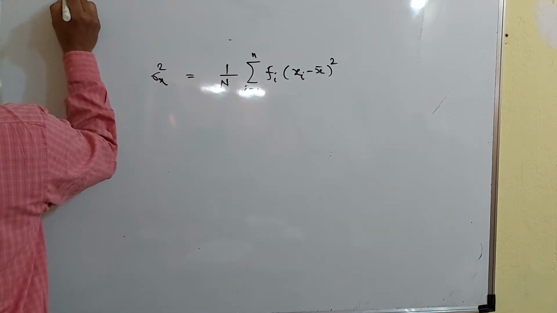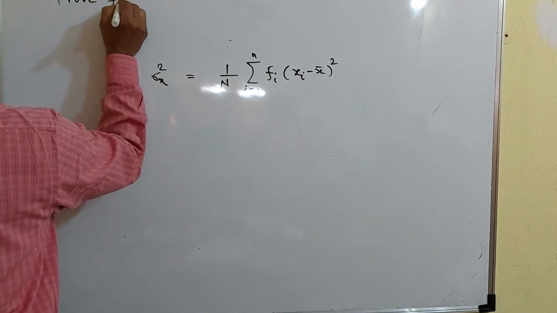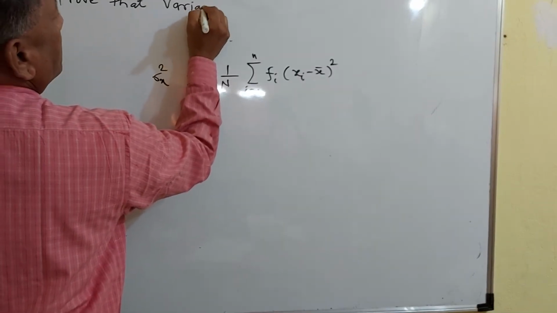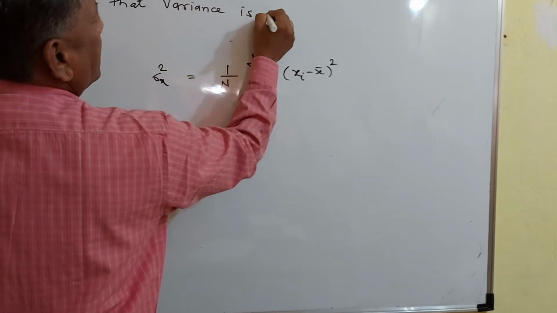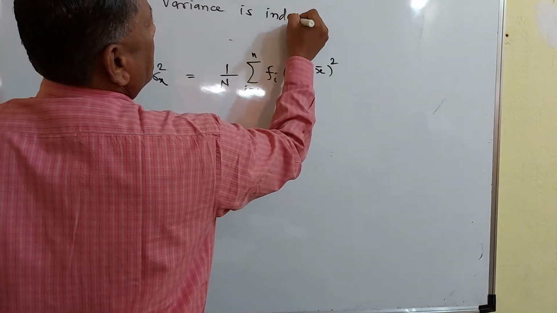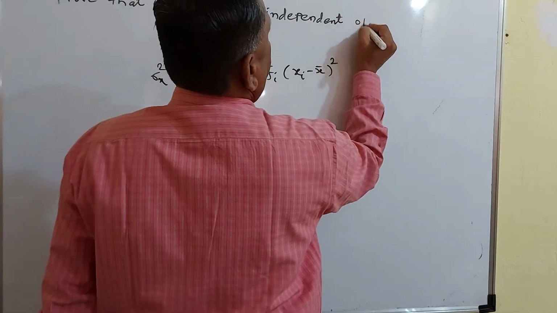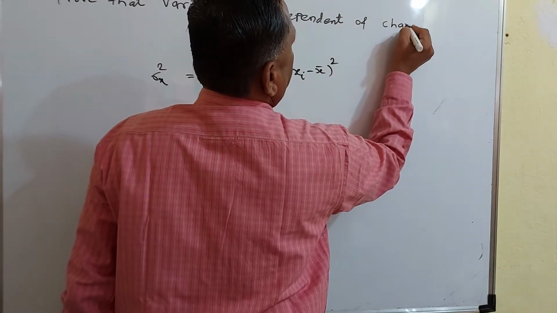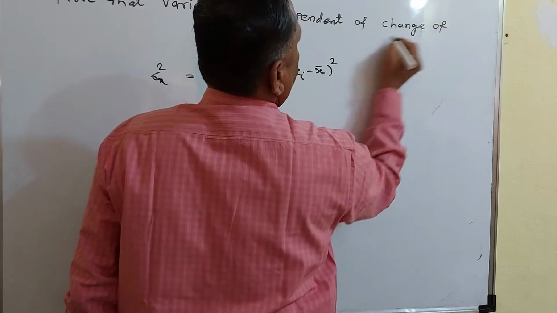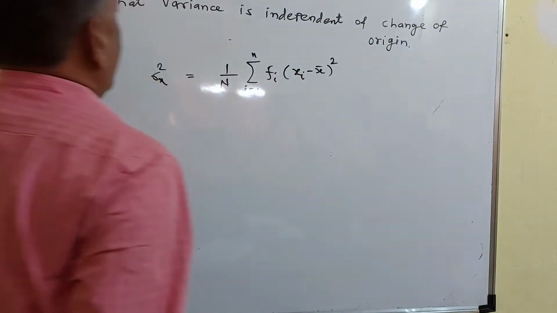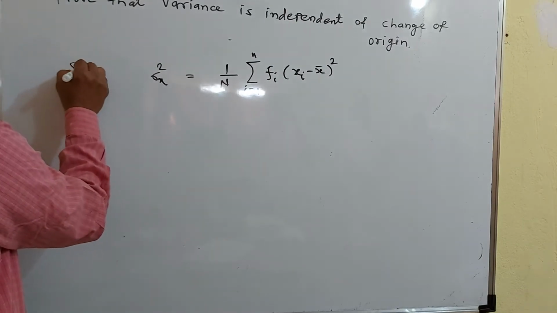Prove that variance is independent of change of origin. Solution or proof.